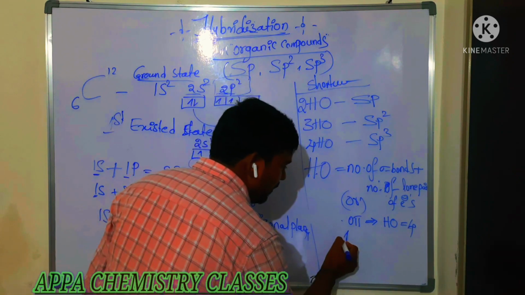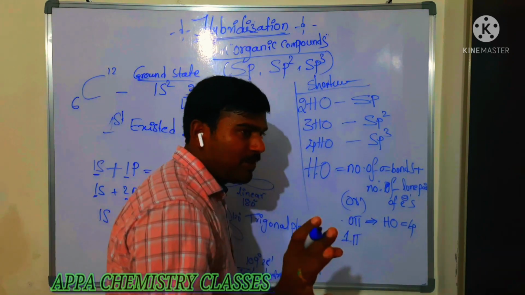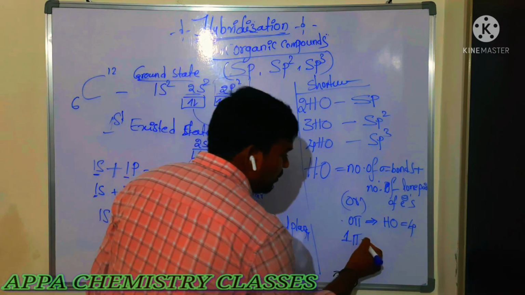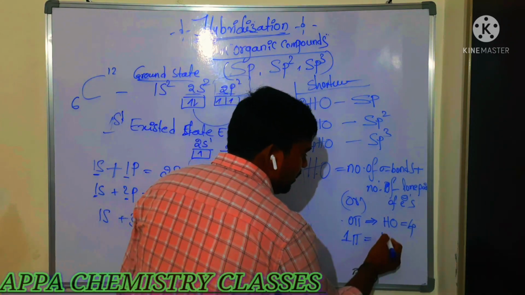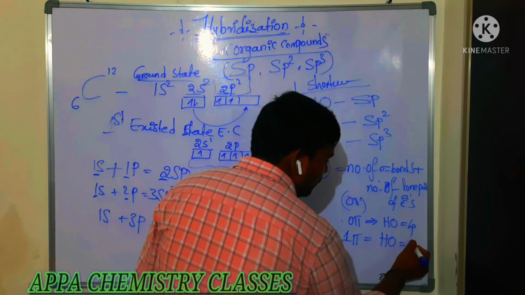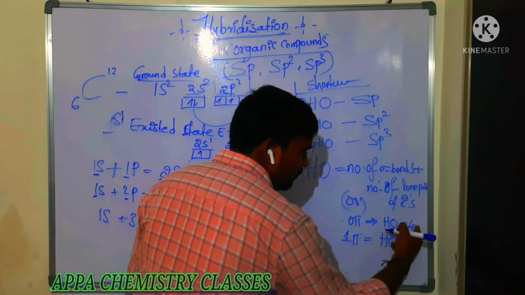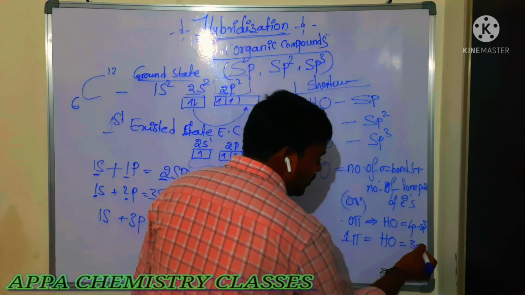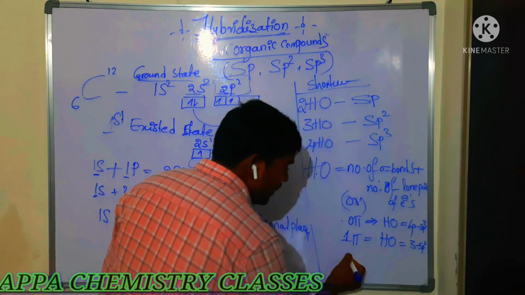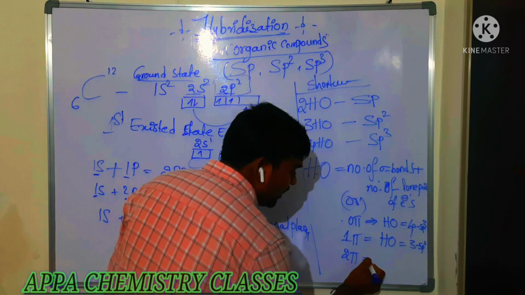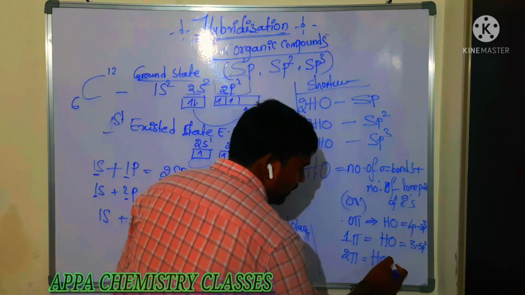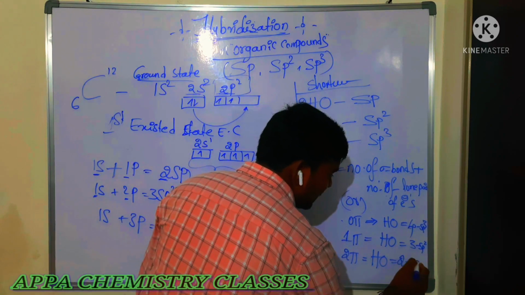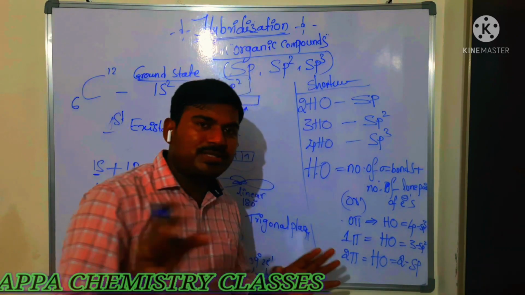If there is 1 pi bond between the carbon atoms, I am saying only in the case of organic compounds, then hybrid orbitals will be 3. So 4 means it will be sp3, and 3 means it is sp2. If we have 2 pi bonds between the carbon atoms, hybrid orbitals will be 2. Its hybridization is sp. Is that clear?